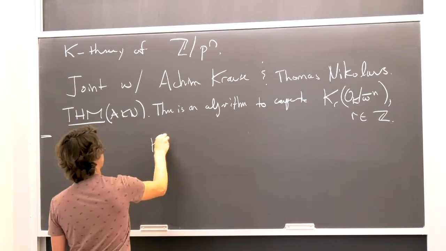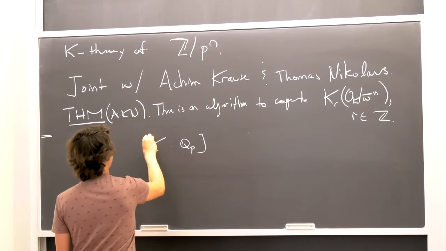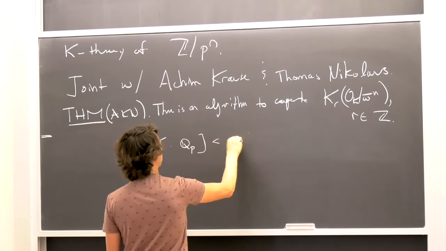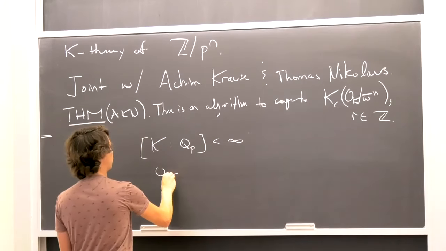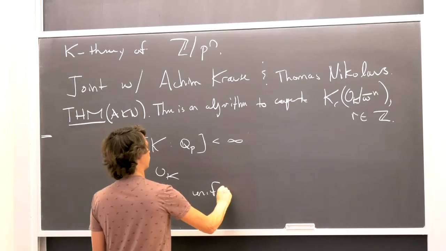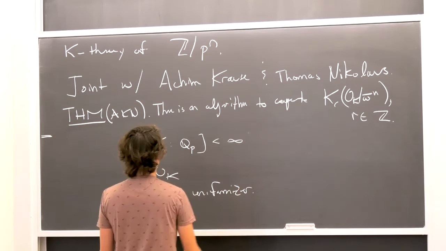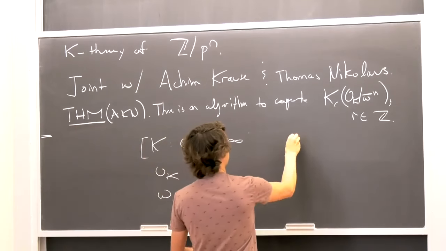So K is a finite extension of Q_p, so it's a p-adic field. O_K is the ring of integers. Pi is a uniformizer. And let me fix a couple other bits of information.